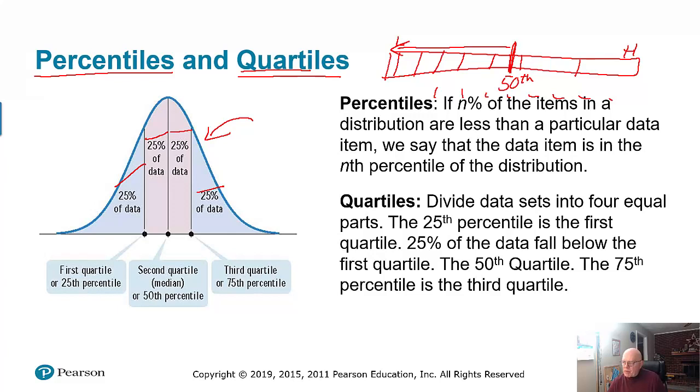Notice that the 3 important quartiles are the first quartile, which is the same thing as the 25th percentile. The second quartile, also known as the median, is the same thing as the 50th percentile. It's right in the middle. And the third quartile is the same as the 75th percentile. Hopefully you've caught on to that real quickly. If not, back up a little bit, think about it, listen to it again.